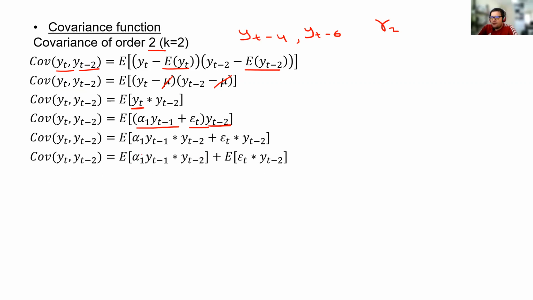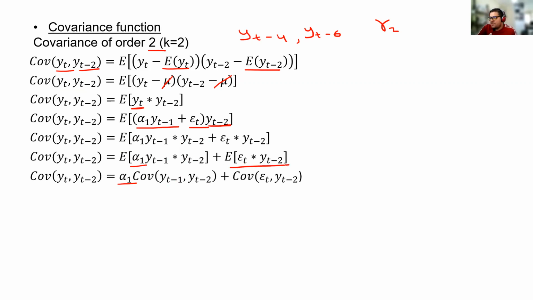We have a constant here that we take out of the operator, and we are left with the expected value of yt minus 1 times yt minus 2, which is equivalent to the covariance between yt minus 1 and yt minus 2. And in here, same. Expected value of et times yt minus 2 is equivalent to the covariance between et and yt minus 2.